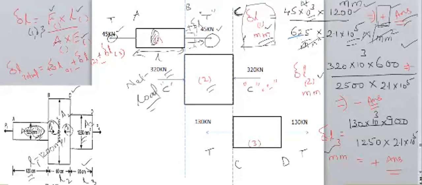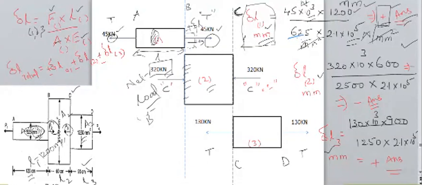We need to find the net load on the portion B, on the face of the second cross section. Therefore, the net load will be 320 kilonewton. We have found it in the previous slide.